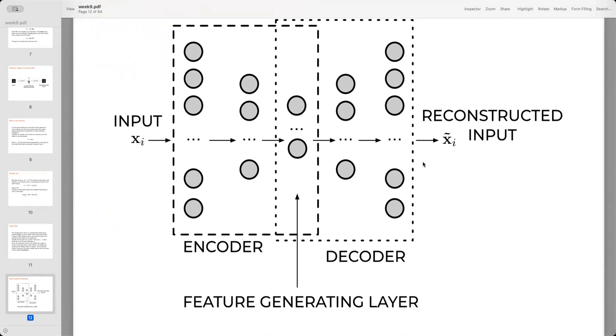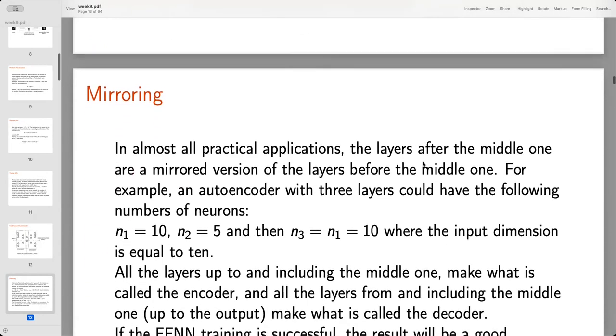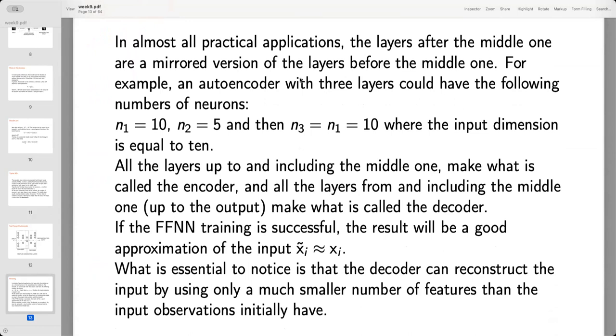So if you think back to the standard linear regression, where we have this matrix A squared, in that case, you would have an encoder part which is just identical to the decoder part. It's just a matrix A times a matrix A, which again represents a projection of your original data. It's also pretty common that the layers after the middle one are mirrored versions of the layers before the middle one.